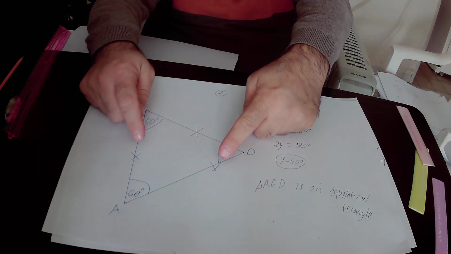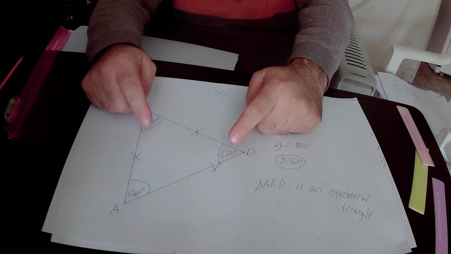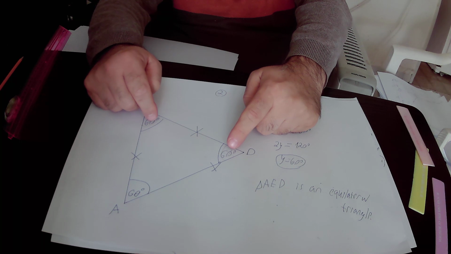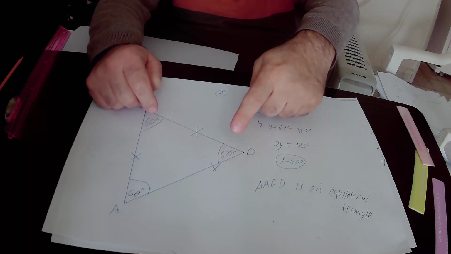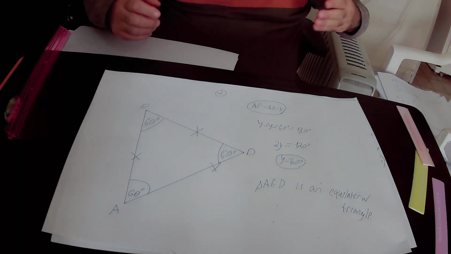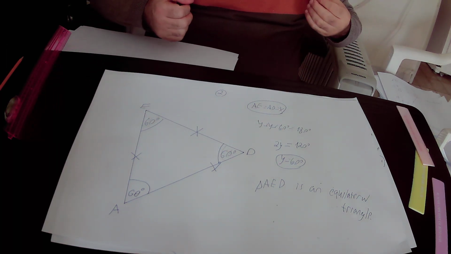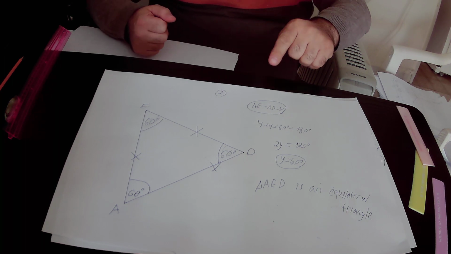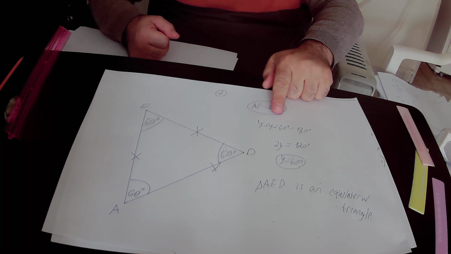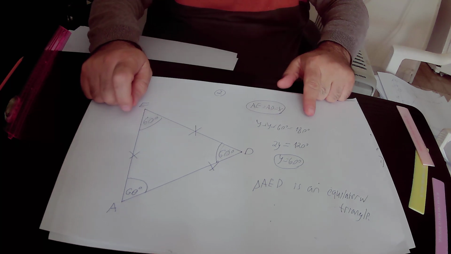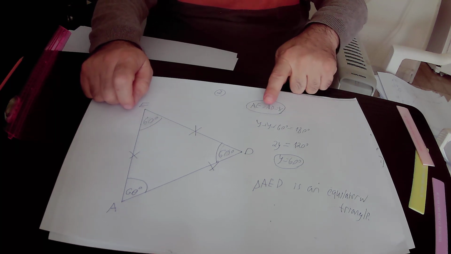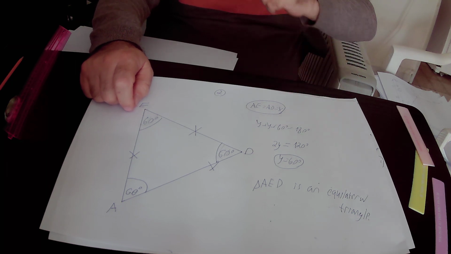That is to say, opposite those two equal sides, we have two angles that must also be equal to each other. So if this angle is Y, this angle must also equal Y. And we know that the sum of the angles in any triangle is equal to 180 degrees. That is to say, Y plus Y plus the size of this angle, that is 60 degrees, must equal 180 degrees. Y plus Y is 2Y.